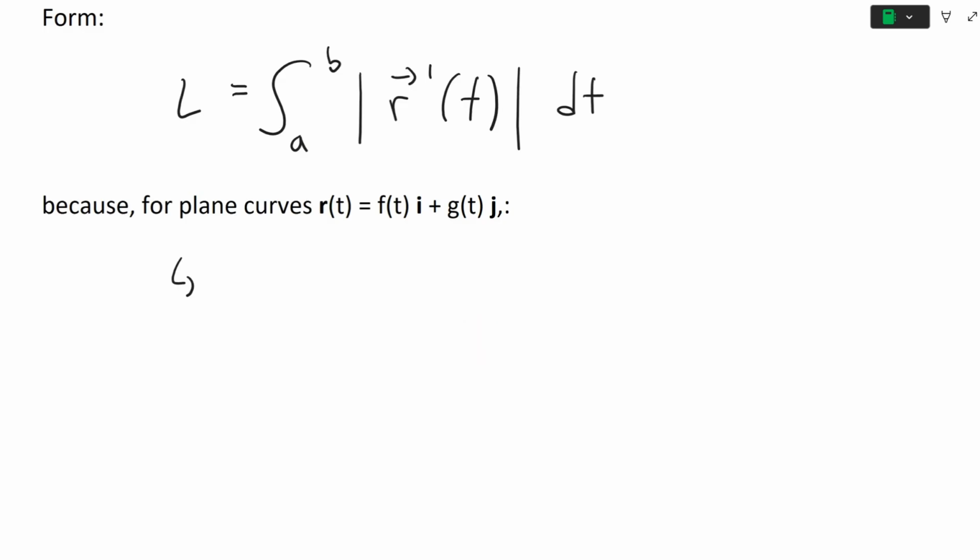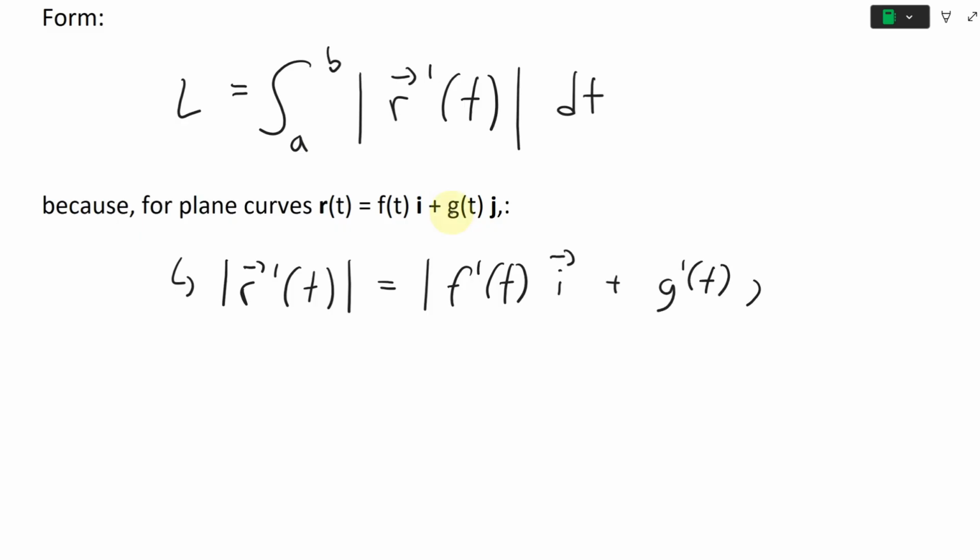So we're going to have r prime, the absolute value, or the length, or the magnitude of it. This equals, and then we take the derivative of the components. I'll put it for completeness, f prime of t i plus g prime of t j, the xy component.